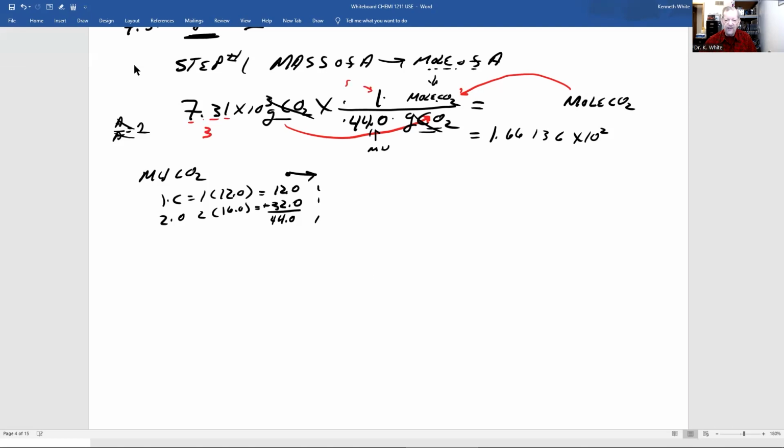The 1 is an exact number, plays no role, and 44.044. Now, any zeros after a decimal are significant, so this has 3 significant figures. And now you round this off to 3 significant figures.